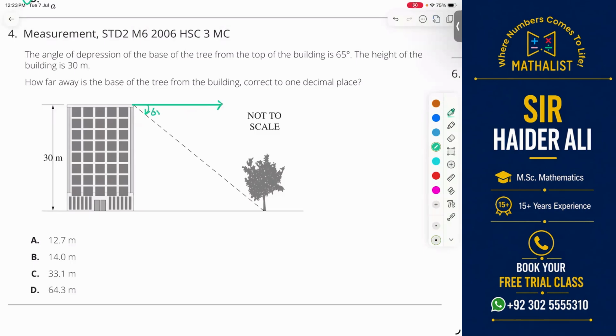This one, angle 65, is the angle of depression. And you can make a Z, then this angle and the other angle here should be equal to each other. Is 30.